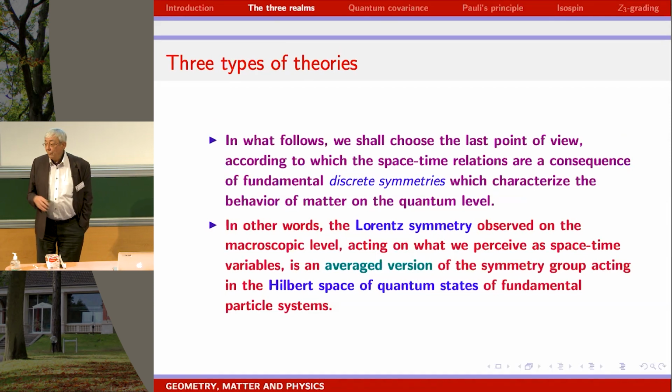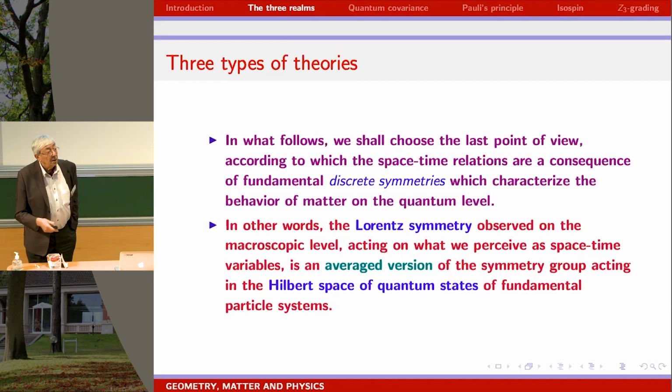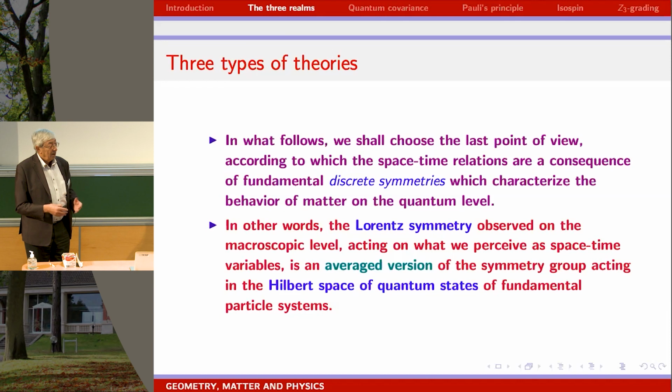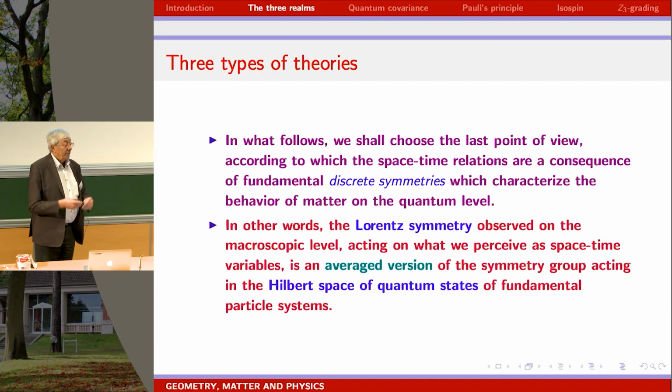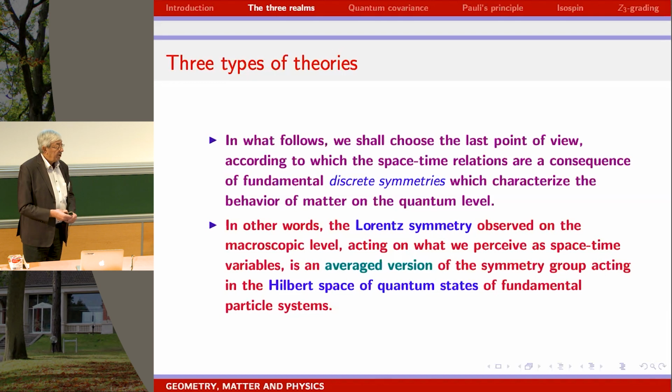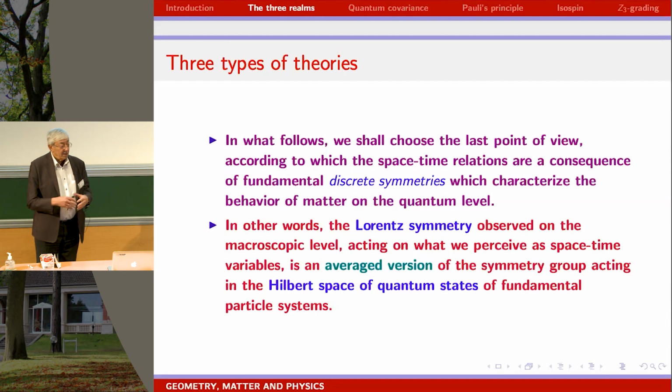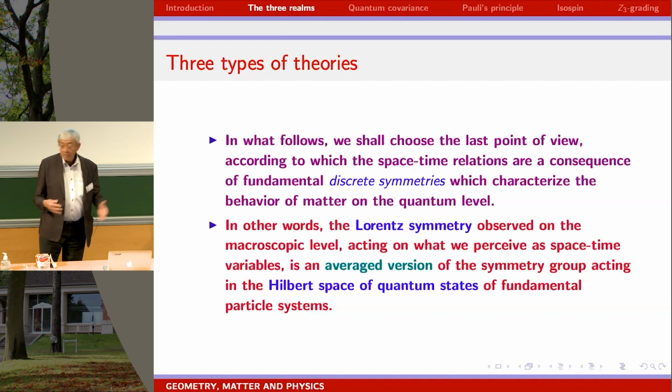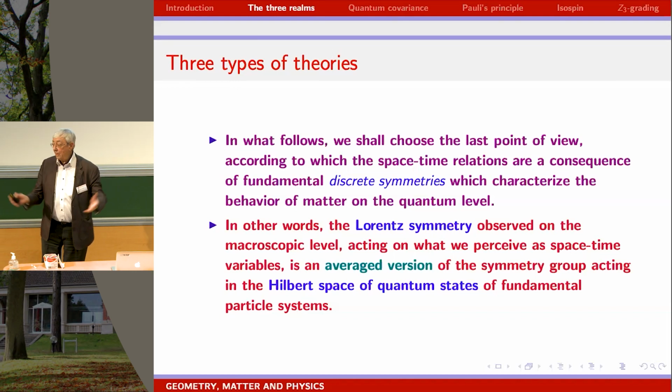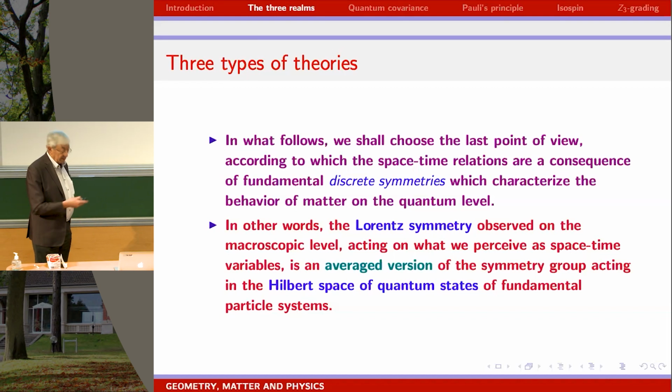For example, Pauli's principle or conservation laws, discrete charges, discrete baryonic charges. This is the basis, and what we perceive as continuum comes only from another principle in quantum mechanics, the superposition principle. If you have any two states, you can make a superposition, and it is also a state. So after many, many superpositions, we get something that looks like a continuum. But the basic things are discrete.